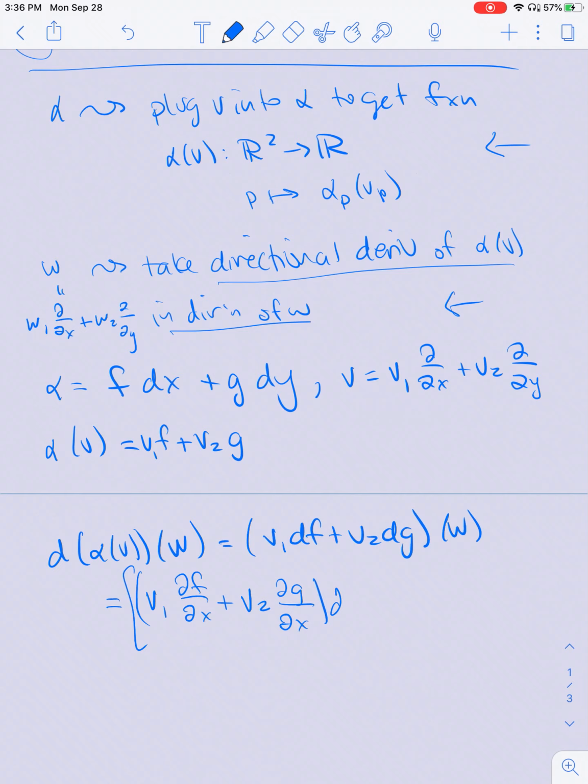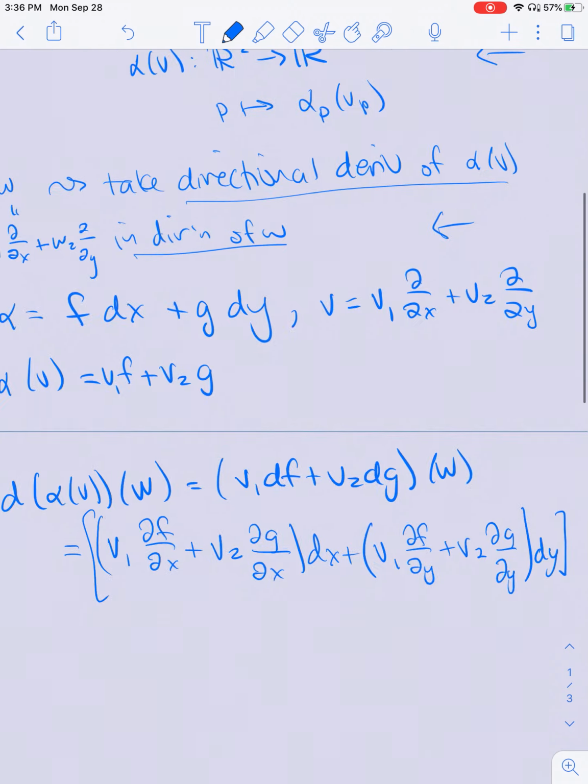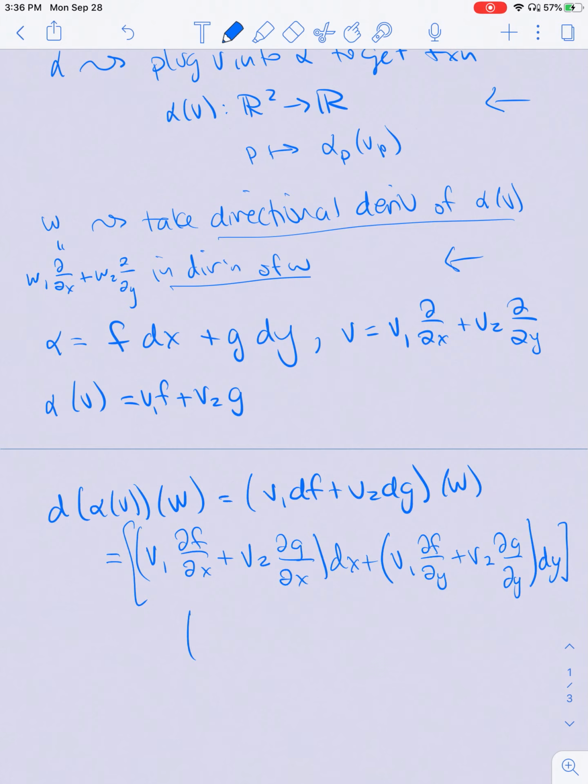So this will be dx plus the coefficient of dx, and then the coefficient of dy will be v1 df dy plus v2 dg dy, all applied now to w. Applied to w1 d by dx plus w2 d by dy.